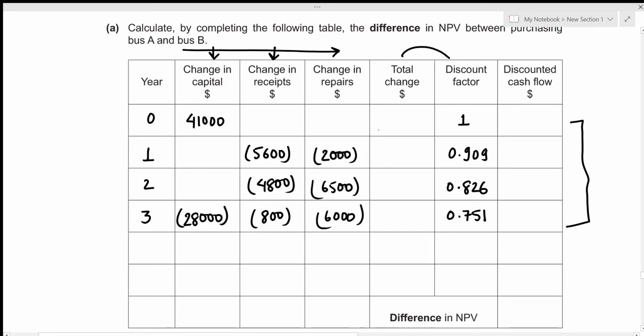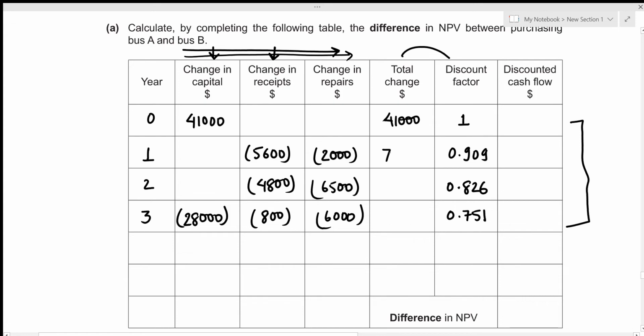Now, in order to figure out the total change, like I said before, we add these three columns. So for year 0, we do not have any values in change in receipts and change in repairs, so the total change is just going to be the change in capital, which is 41,000. For the first year, we do not have any change in capital, we only have change in receipts and change in repairs, so that's negative 5,600 plus negative 2,000, which results in negative 7,600.